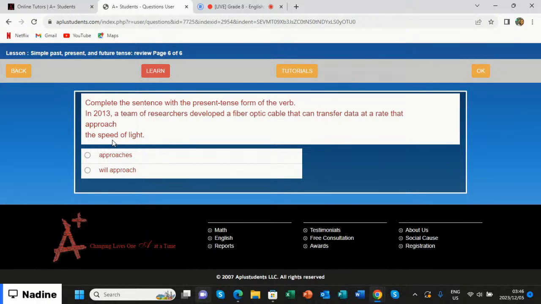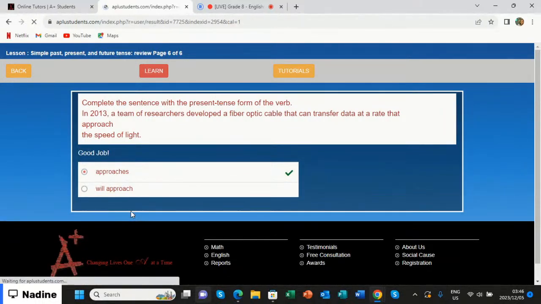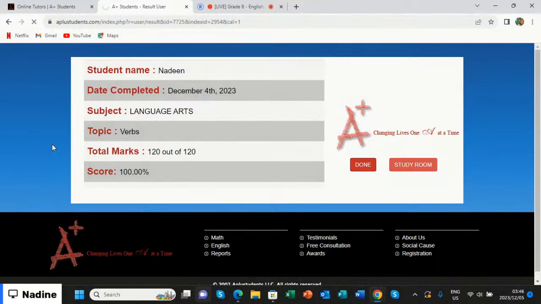All right, and if we choose the present tense form of the verb, then we can say it approaches. Because remember, will approach shows the future tense. So approaches. Right? All right.